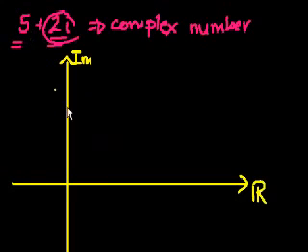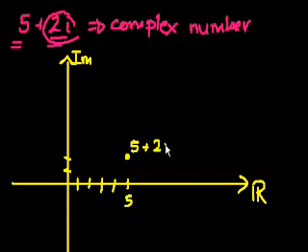And 5 plus 2i, its real part is 5, so 1, 2, 3, 4, 5, that's 5. And its imaginary part is 2i, so you go along the imaginary axis, or the i-axis, 2. And then you would have this number here called 5 plus 2i.